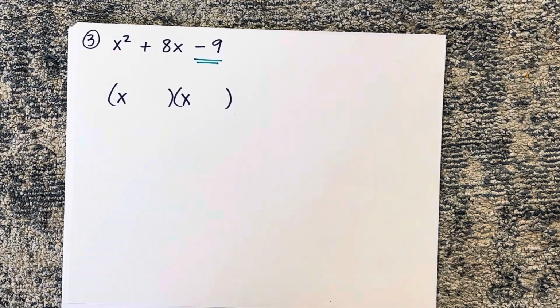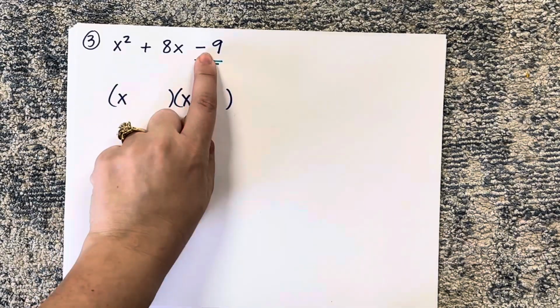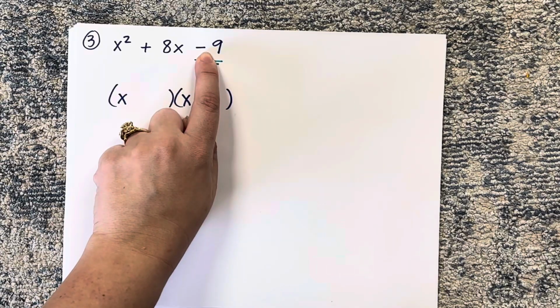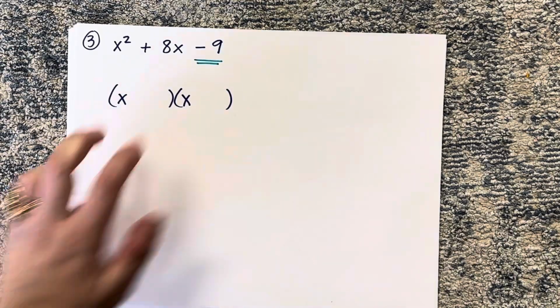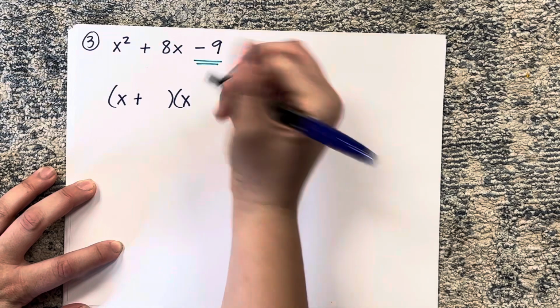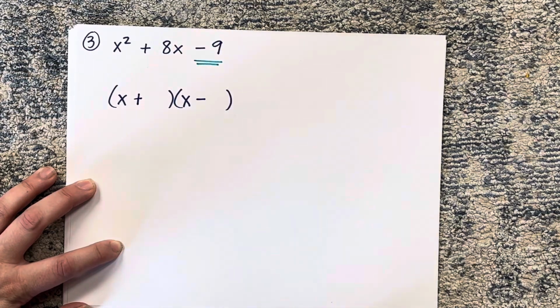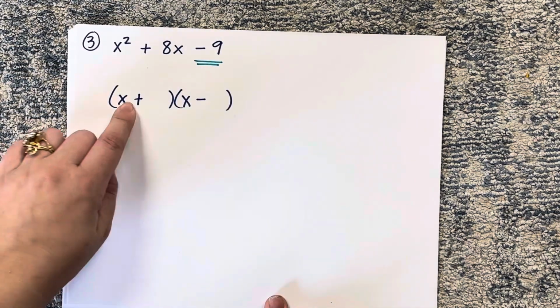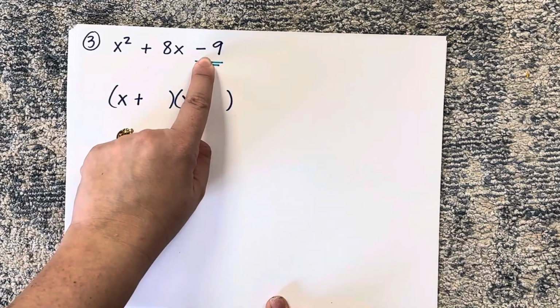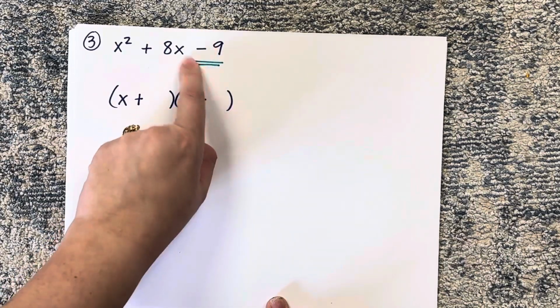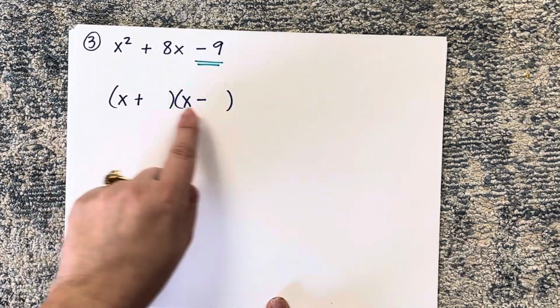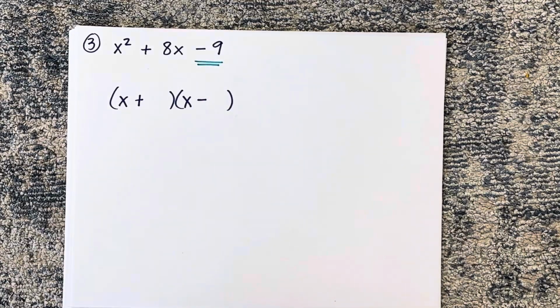Well, these two numbers multiplied by each other have to equal that. Cool, okay? But that means one of these has to be positive and one of these has to be negative, because a positive times a negative equals a negative. So always, if your C is negative, you're going to have opposite signs in here, okay?